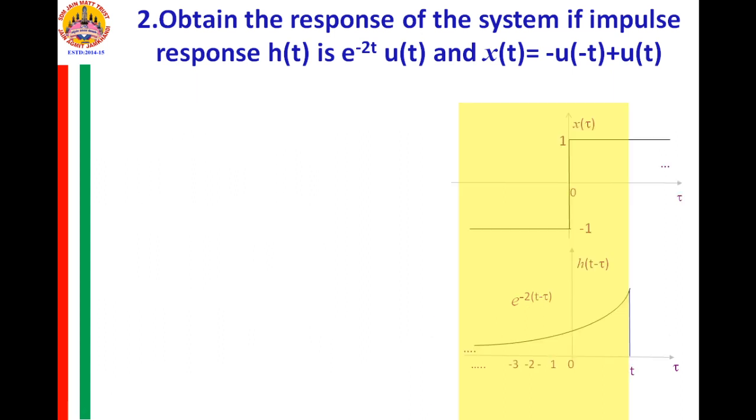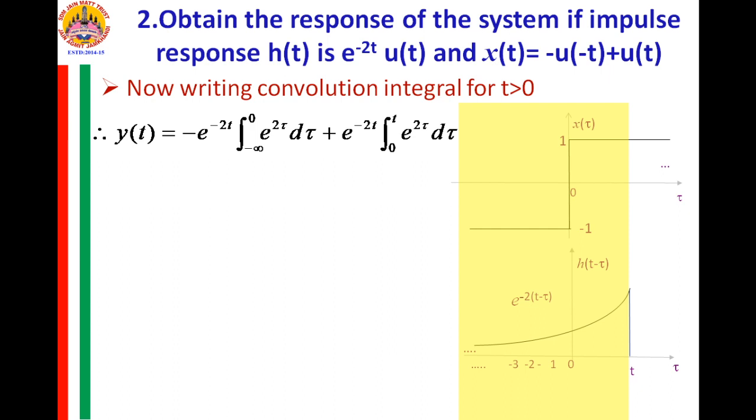Now for t greater than 0, we observe that the overlap is still from minus infinity to t, but in this entire duration the amplitude of x of tau is minus 1 from minus infinity to 0, and then from 0 to t it is plus 1. So this entire integration from minus infinity to t is divided into two parts.